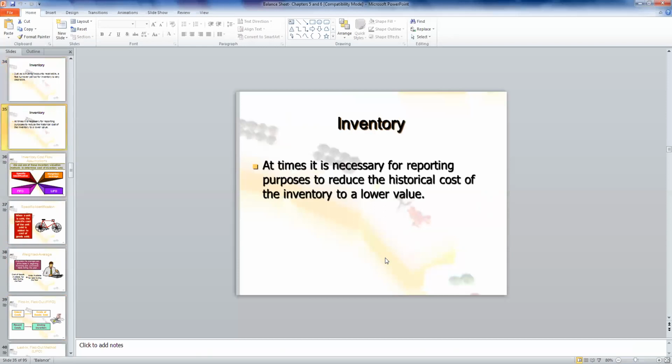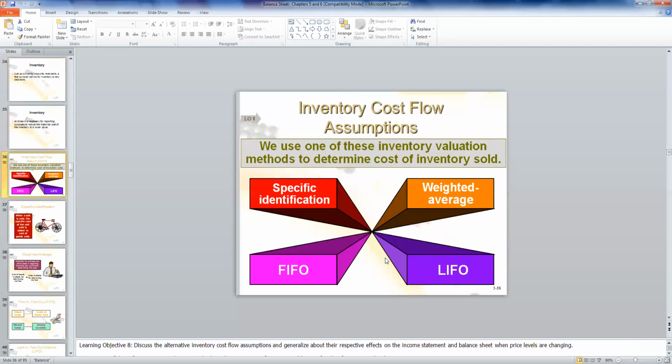There's some accounting treatment that is talked about, which is FIFO, LIFO, specific identification, weighted average. And that basically is a reflection of how inventory is accounted for. This is very nuanced accounting information, and you should just basically understand the terms.